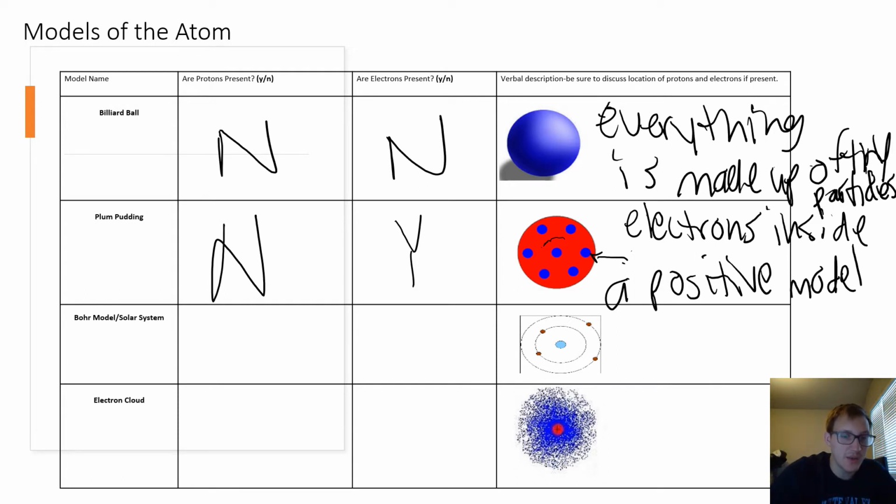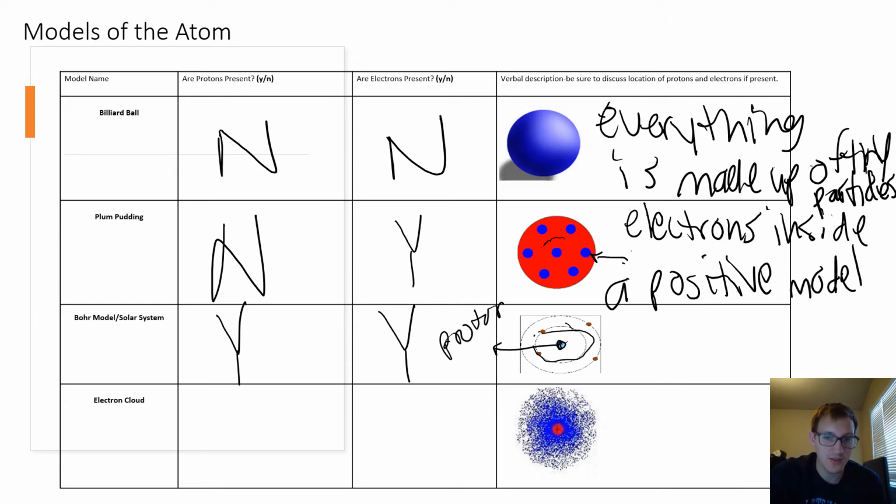Next we have the Bohr model. This is also called the solar system model because, as you can tell, in the center there's one center, and that's what we call the nucleus. Then we have the electrons orbiting it. Remember, in the nucleus is where the protons and the neutrons are, and on the outside we have our electrons.